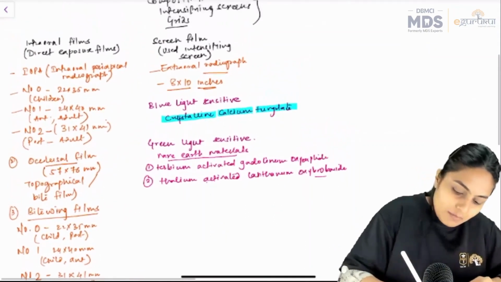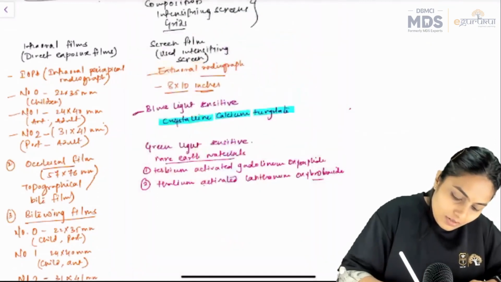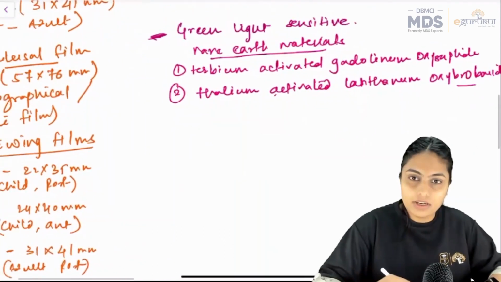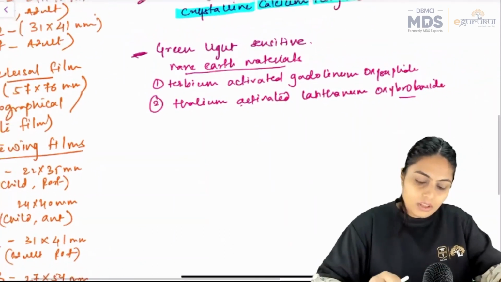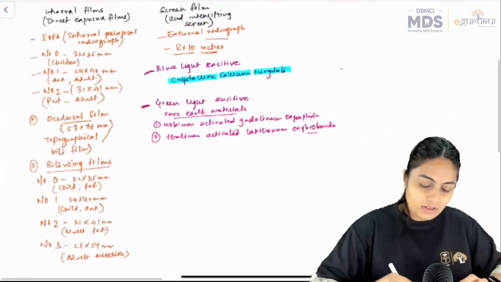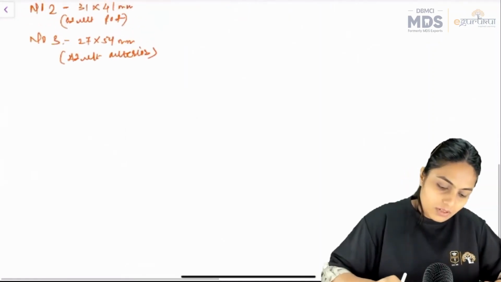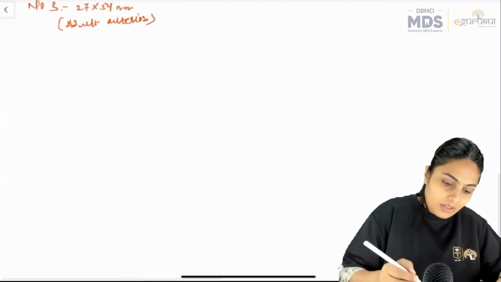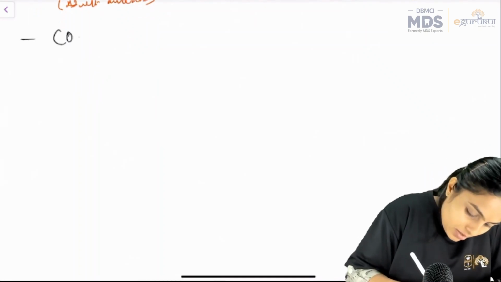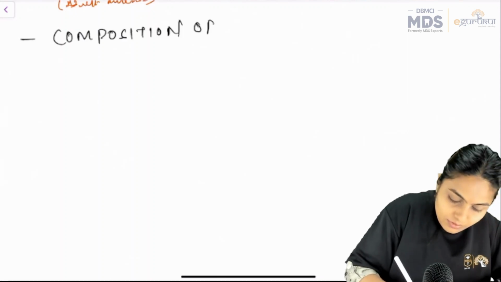In screen films we have blue light sensitive and green light sensitive, and we have studied rare earth materials. So we have seen the types of films. Now we will study the composition of film.